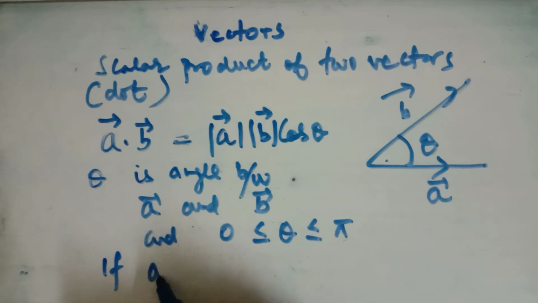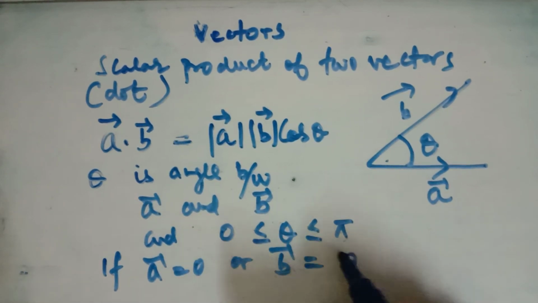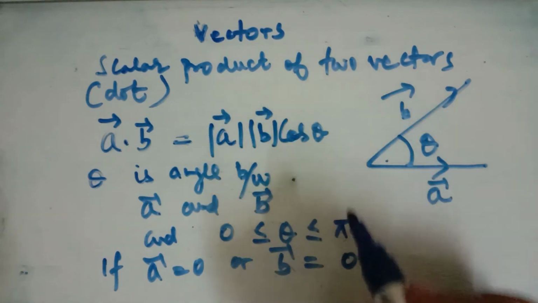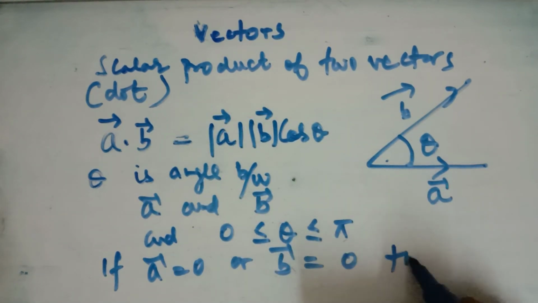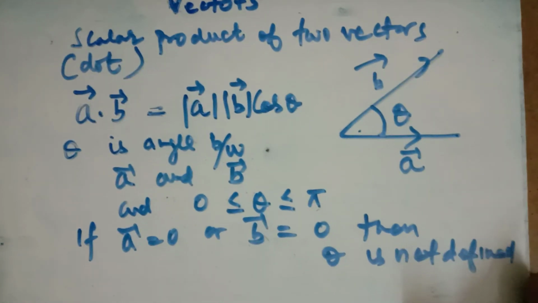If vector a is equal to 0 or vector b is equal to 0, I've said that the vectors are non-zero, then theta is not defined.